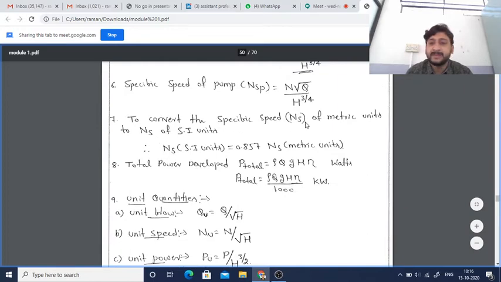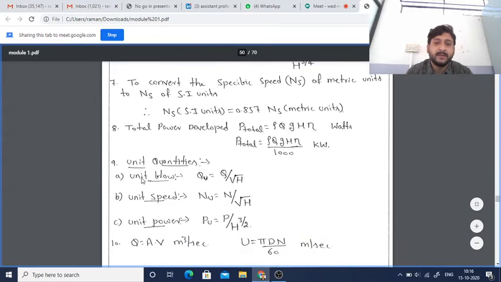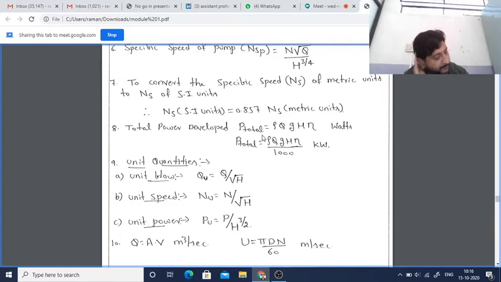Then to convert the specific speed of metric units to ns of SI units, total power developed is rho QGH by N, or rho QGH by 1000 gives you the power. We have already used this efficiency formula, input by output, and gone through it.